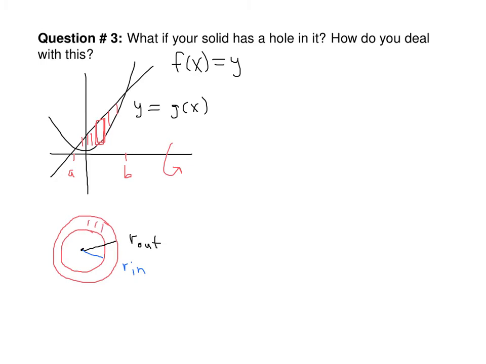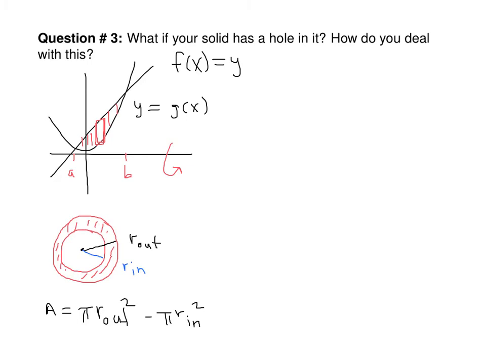The area of the red region, A, will equal pi R out squared, so the area of the entire circle without the middle taken out, minus pi R in squared.